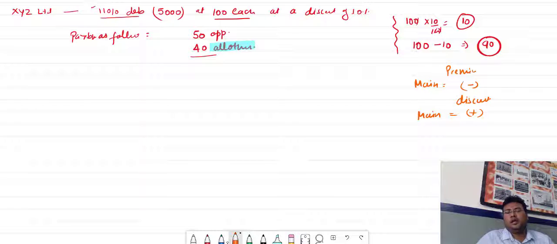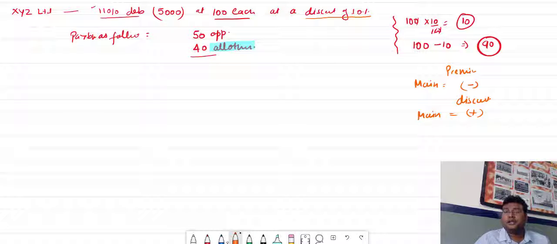Similarly, in the allotment, discount is already deducted. How can we say? Because in the question, a discount of 10% is there, but where the discount will be applicable, it is not present. So in the absence of the information about where the premium or discount will be applicable, always assume that it will be on allotment.